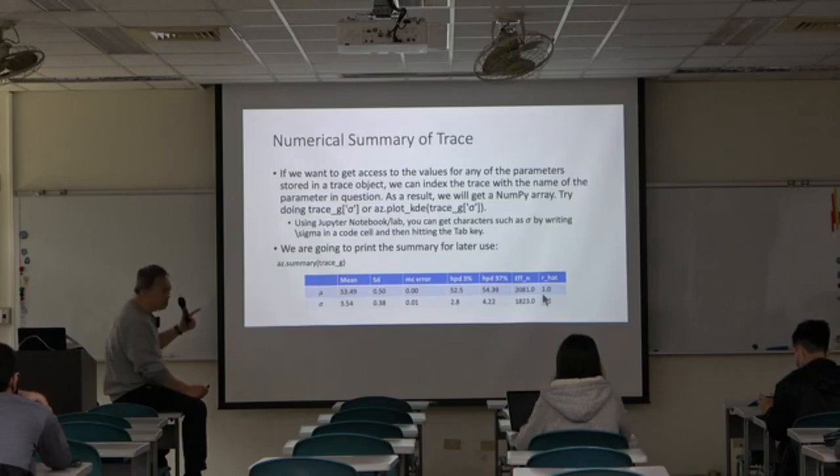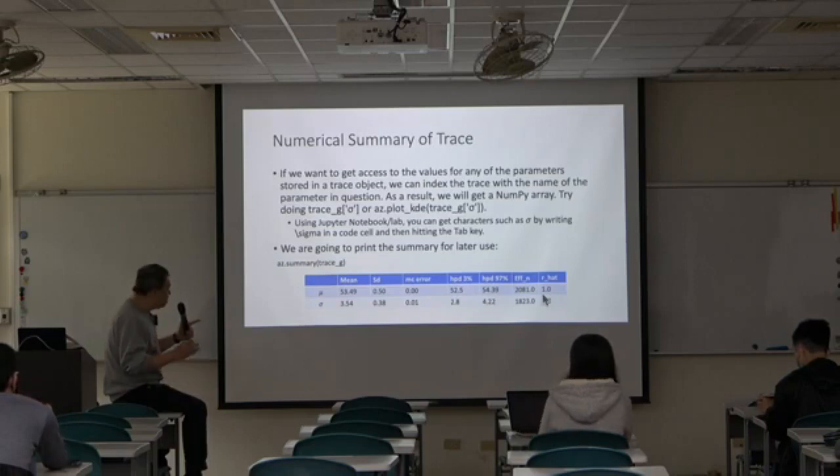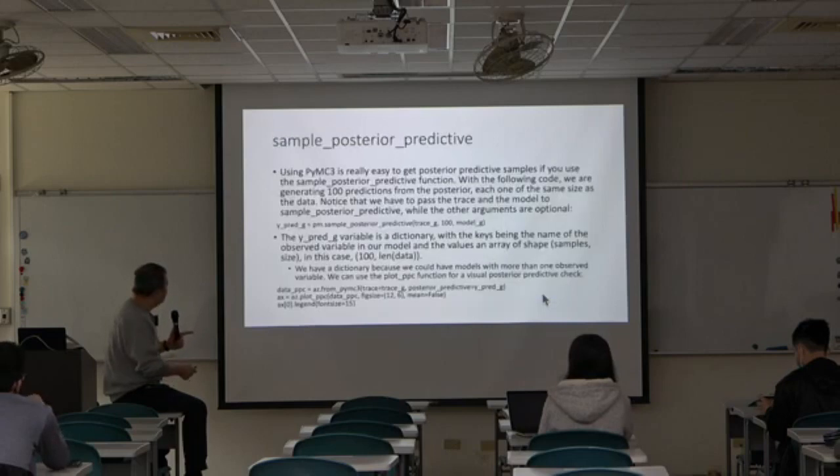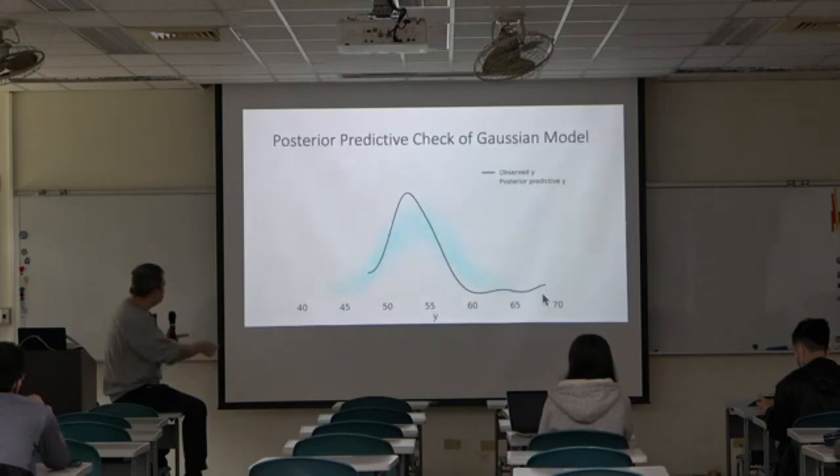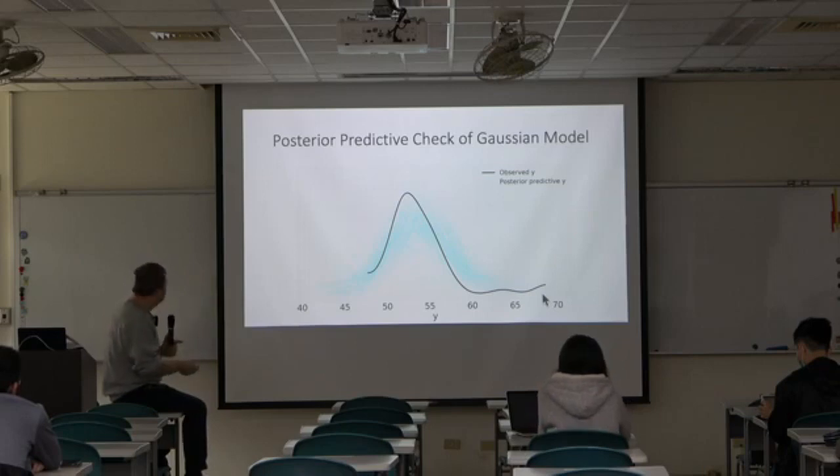So it's about 0.5 lower, which is good. Why? Remember I told you the mean in this case is slightly larger, and now we are able to move it 0.5 back toward the real data. That means it matches the data better.